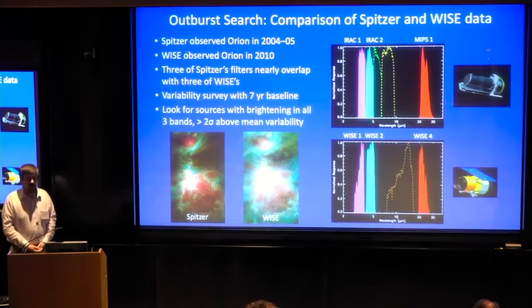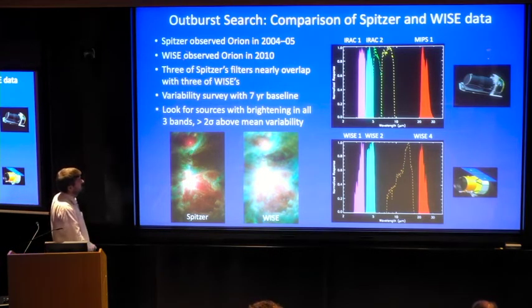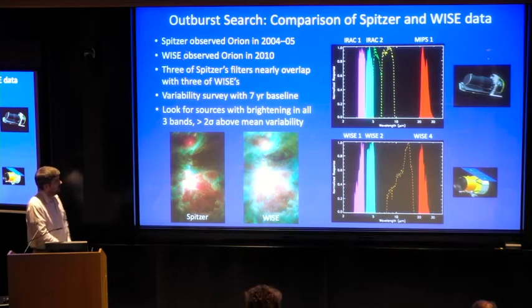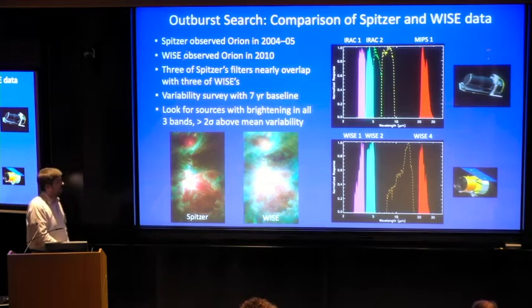To look for outbursts in Orion, we compared Spitzer data to WISE data. So we have Spitzer cryogenic observations of Orion in 2004, 2005. WISE came around in 2010. And you can see just schematically there are 3 Spitzer bands and 3 WISE bands that overlap pretty well. So we just did a comparison of all of our protostars in Spitzer to WISE.